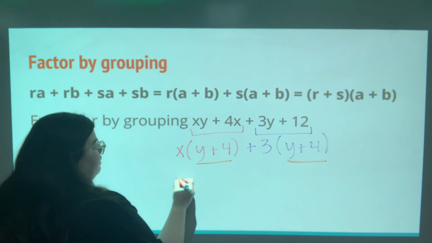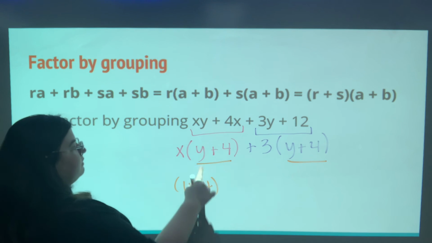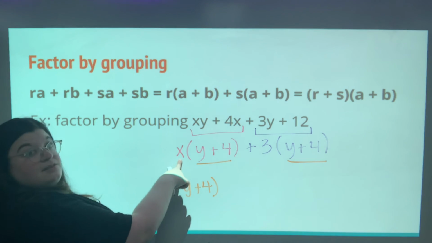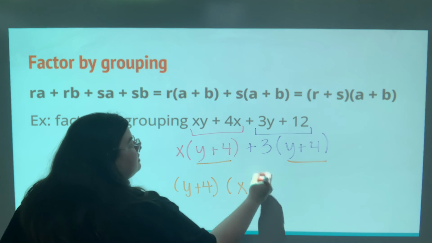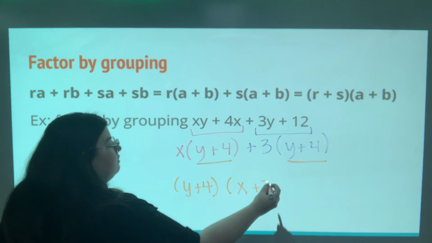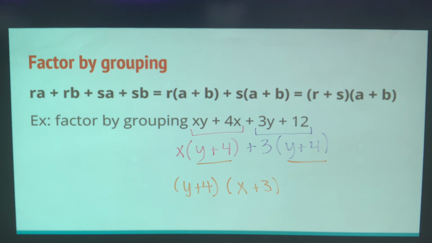So if I factor out a (y plus 4), well, all that's going to be left is the x. Over here, all that's going to be left is the plus 3. There we go. Fully factored into two separate terms there. Pause if you want to get that example down.